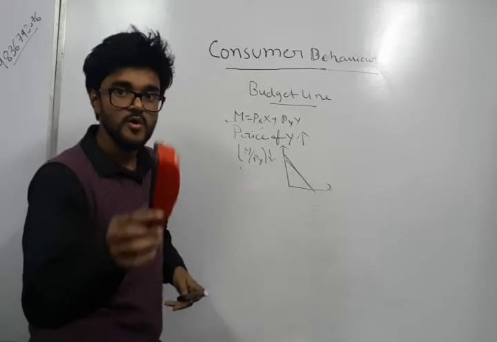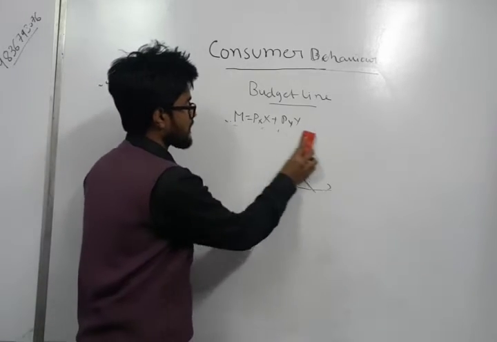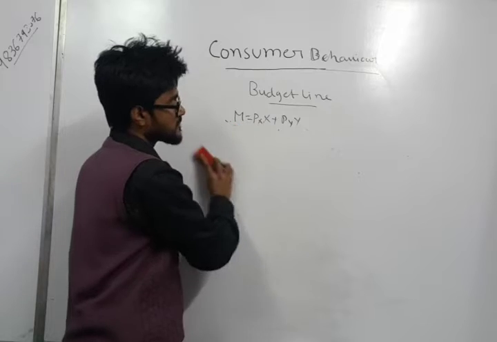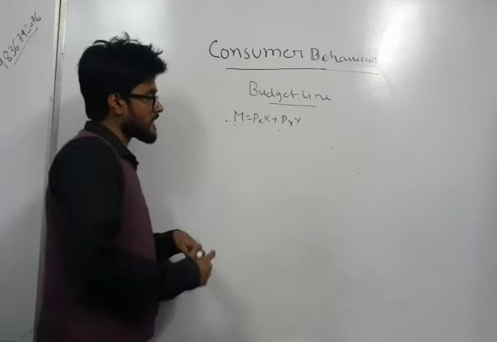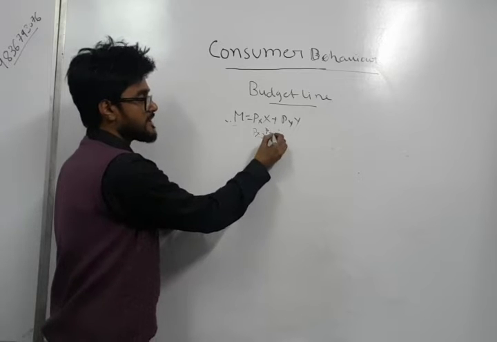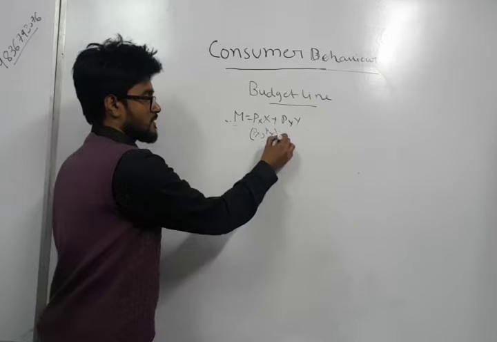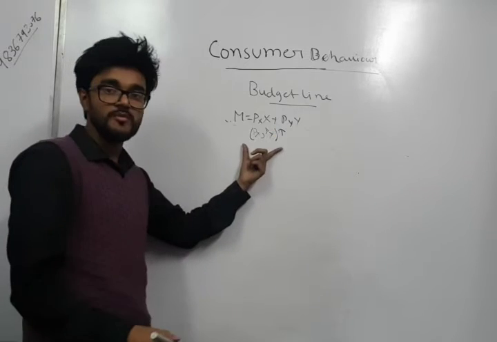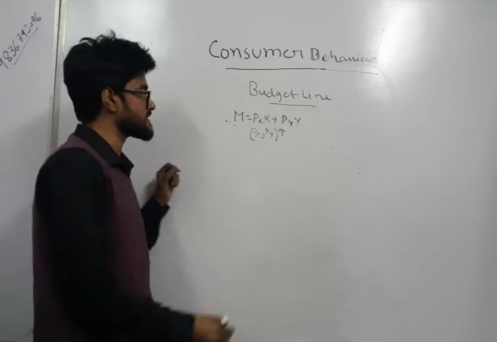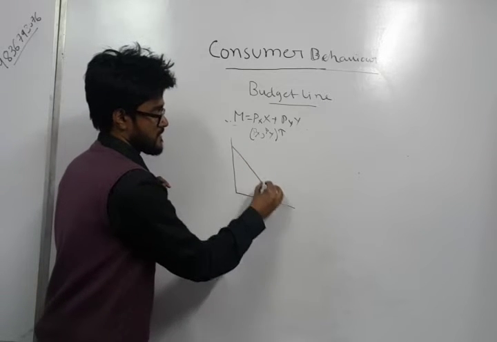Now we'll see when the shift in budget line takes place. Suppose the price of commodity X, which is Px, and the price of commodity Y, which is Py, both change.